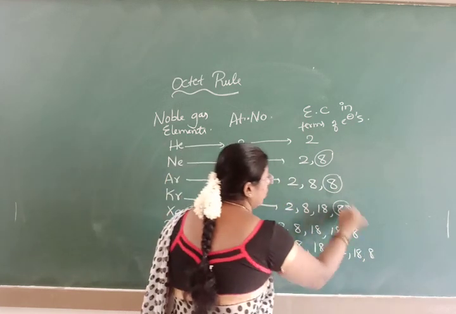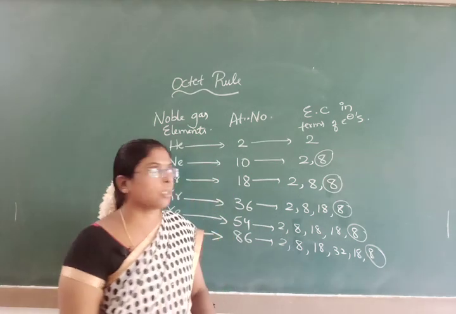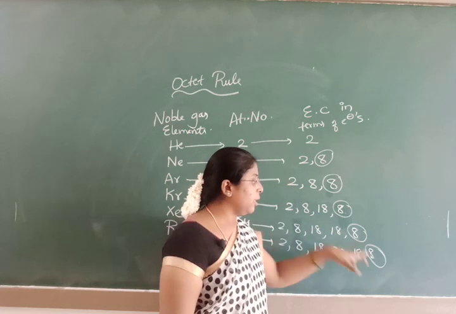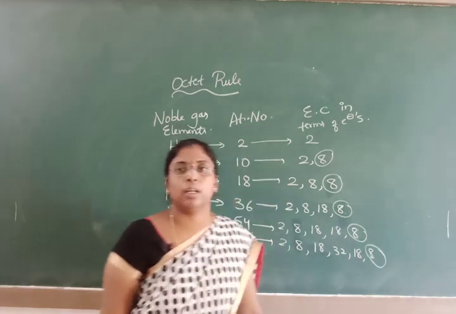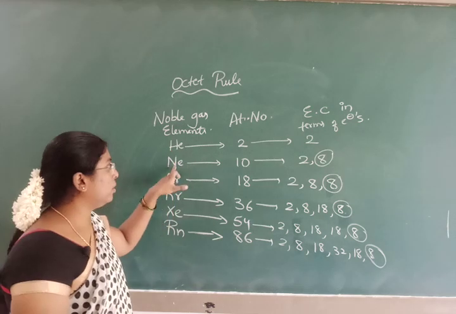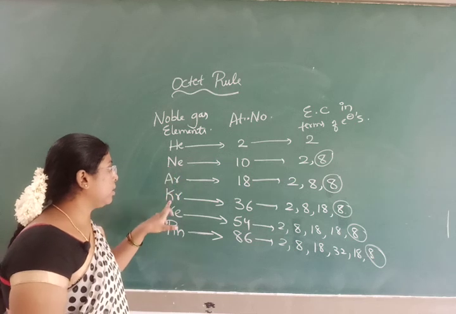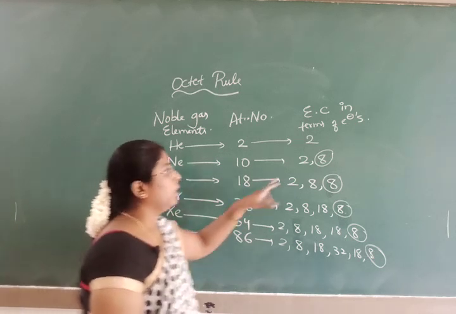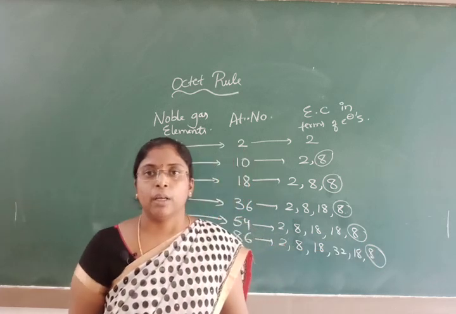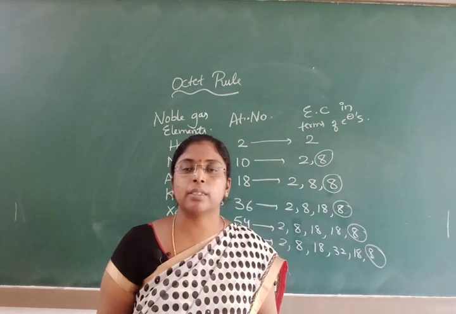If you see this, how many electrons are present in the valence shell or outer shell? It is 8 electrons. Hence, except helium, all of these have the octet configuration. Neon, argon, krypton and xenon have 8 electrons in their outermost shell, hence these elements are stable in nature. Noble gas elements are stable.